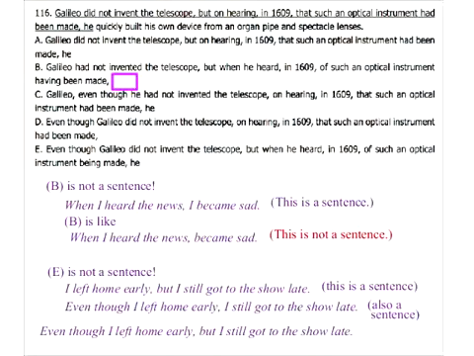This is not a sentence. This is kind of like having two ands, or two buts. You can't have two of these connectors.